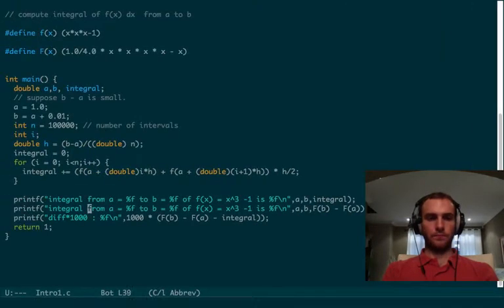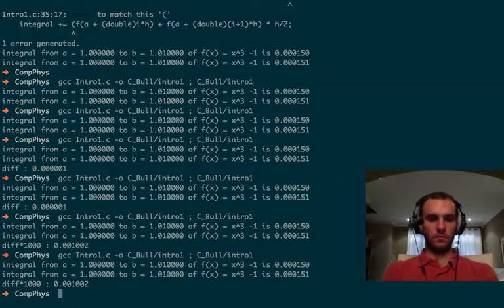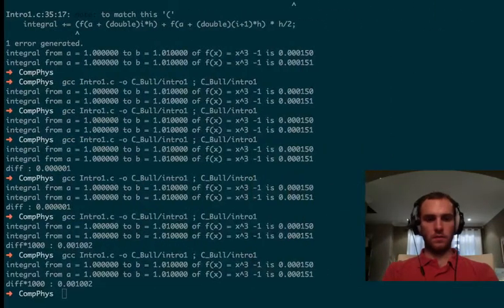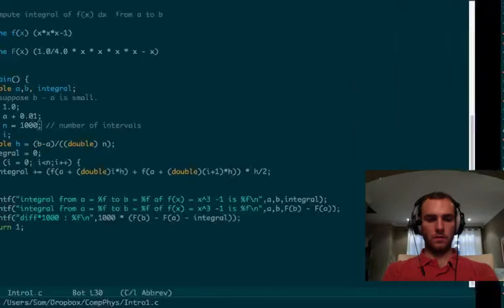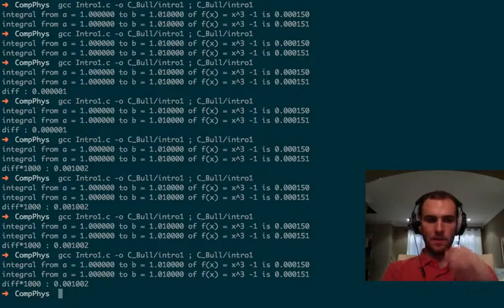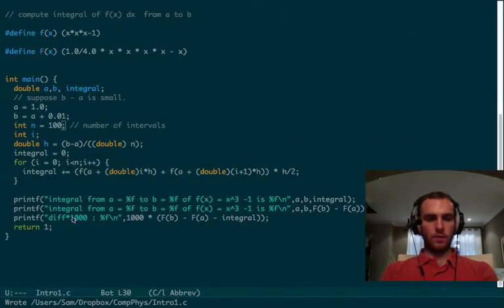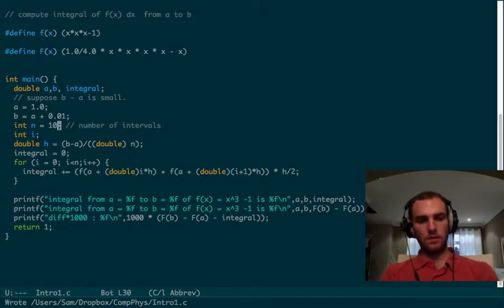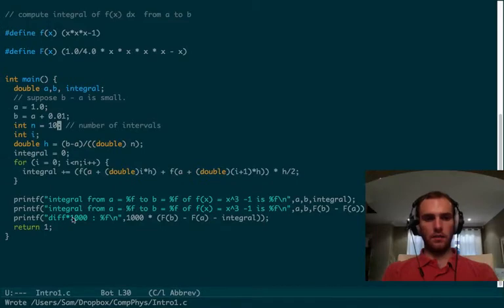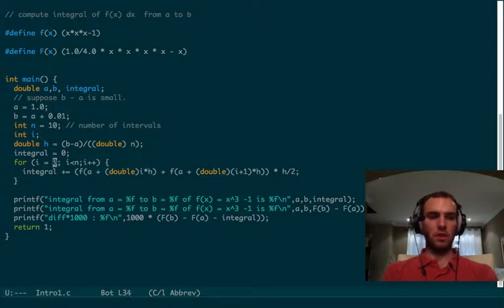All right. Okay, so one thing that we've achieved is that we can reduce the number of steps and still get a good agreement. So with only 10 steps we get an okay agreement.